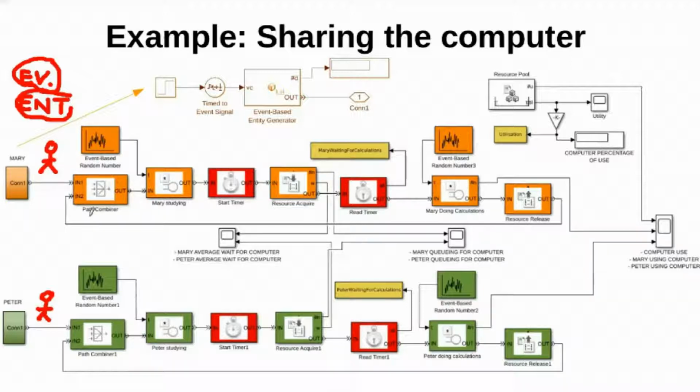But now let's suppose that here we have Mary, and Mary enters this block. This block is a path combiner block. If you want Mary to repeat all the process, you need to feed back Mary to the process. This is not a comparison, okay?